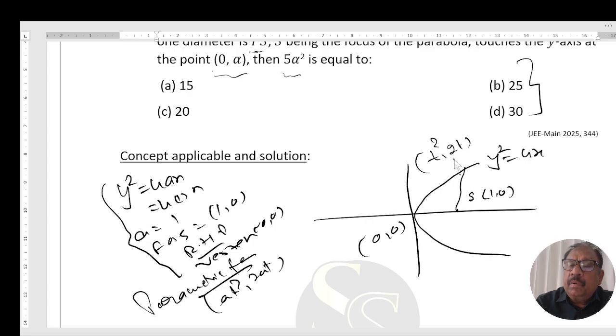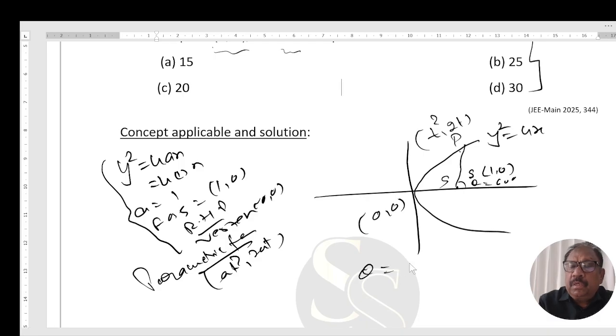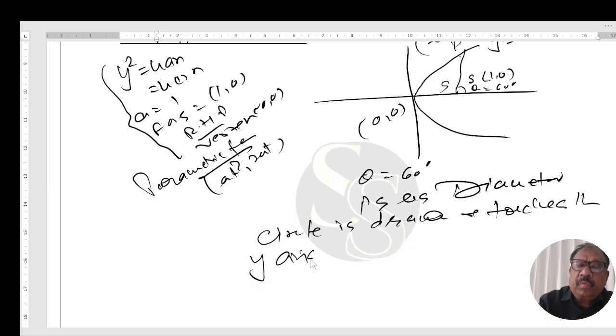This is P, this is S. Then this angle theta is 60 degrees. PS is the diameter, the circle is drawn and touches the y-axis at (0, alpha).